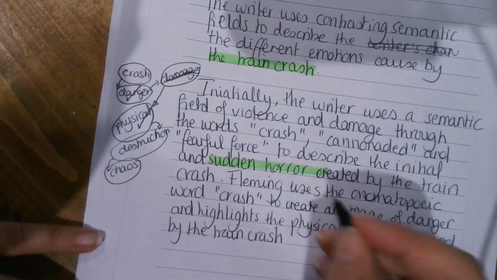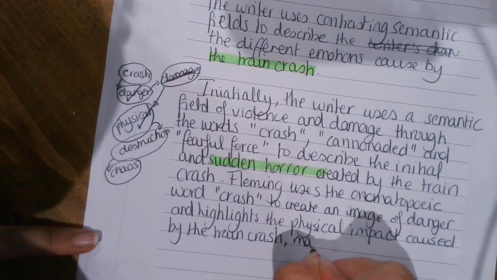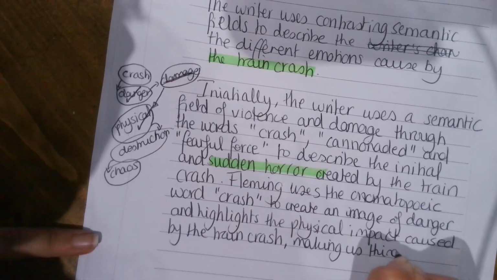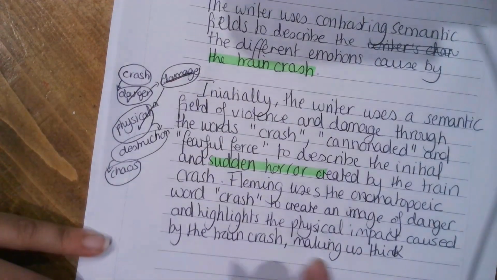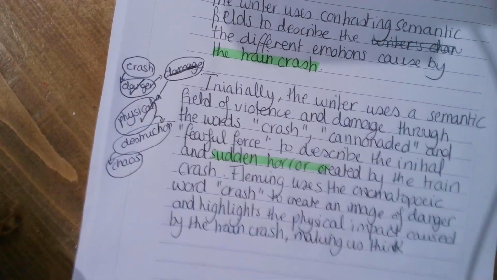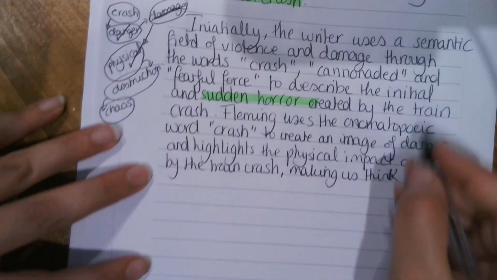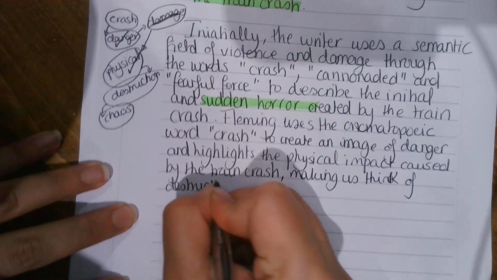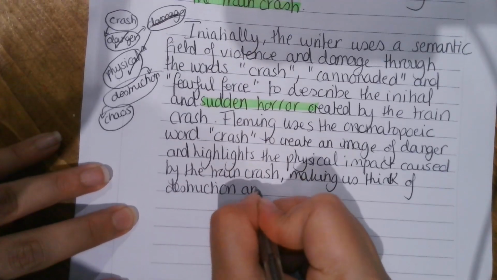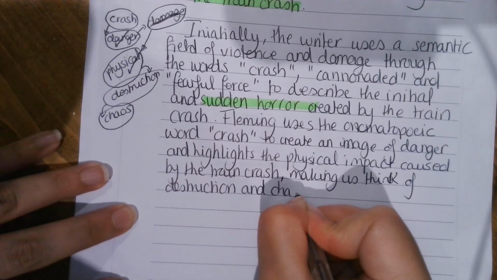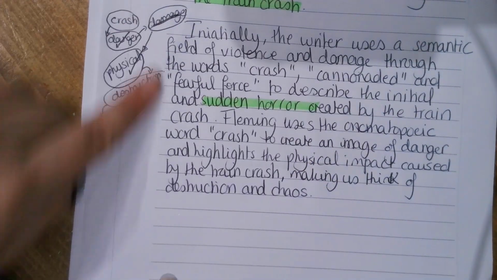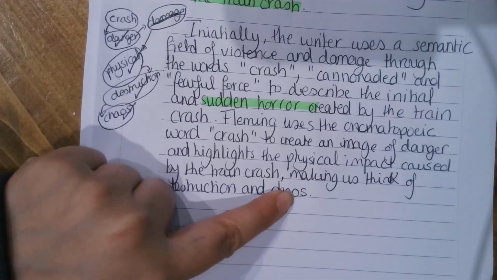So making us think, I'm going to develop that, making us think. Look at the way that I'm talking about the effects on the reader, making us think, I am a reader, we are a reader, making us think of destruction, I am going to keep chaos actually, and chaos. And I take that. So I've said loads of things about one word.